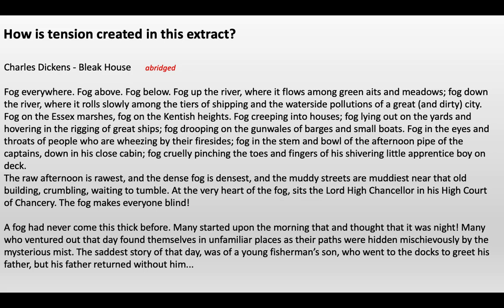Many stared upon that morning and thought that it was night. Many who ventured out that day found themselves in unfamiliar places, as their paths were hidden mischievously by the mysterious mist. The saddest story of that day was a young fisherman's son who went to the docks to greet his father, but his father returned without him.